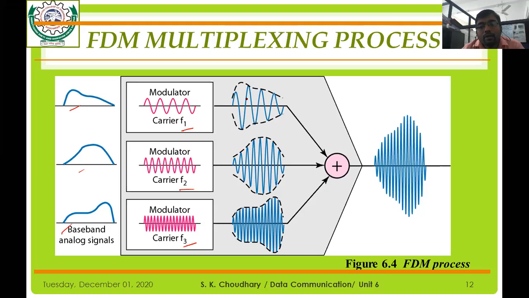This modulated signal is then applied to the multiplexer, where the multiplexer combines these three different modulated signals and generates one signal that consists of all three carriers, and then it is transmitted over the link.